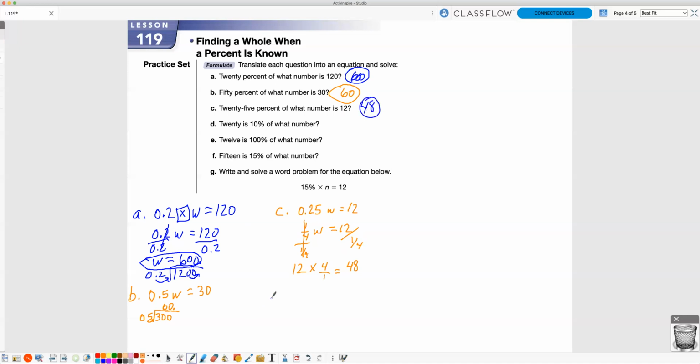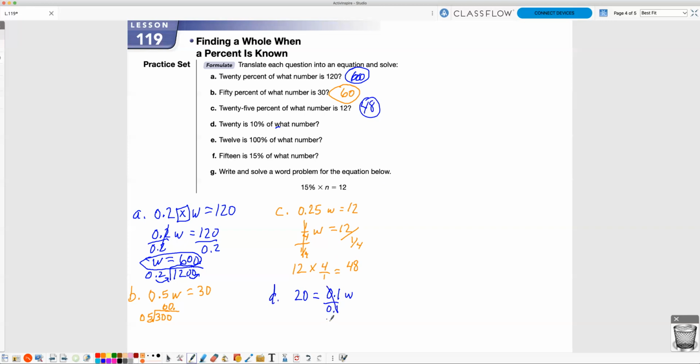And letter D. 20 is, so I need to start with 20, and it equals 10%, which is as a decimal like this. 10% of what number? I'm going to use W again, simply. It could be any letter of the alphabet. I just like to use W because they're saying what number. So 20 equals 10% of what number? I need to divide by 1/10.